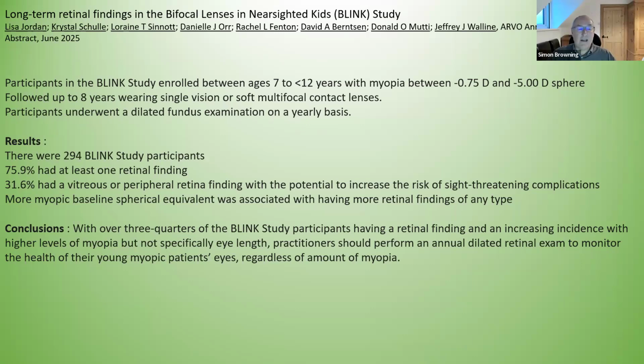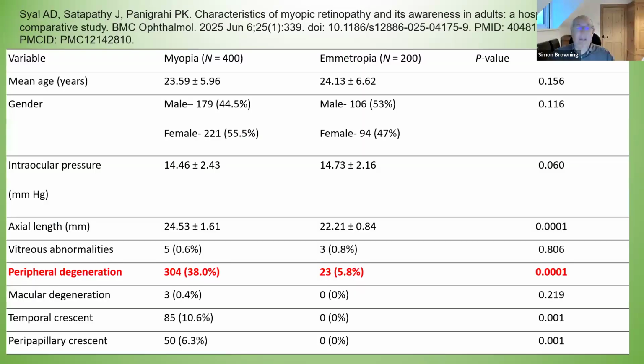So again, practitioners should perform an annual dilated retinal exam. Well, we don't need to do imaging of the patient there. So again, axial length is so important. Another study here, and just look at a myopia population against an emmetropic population.